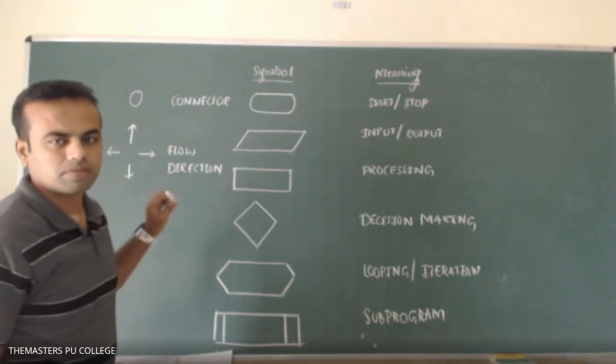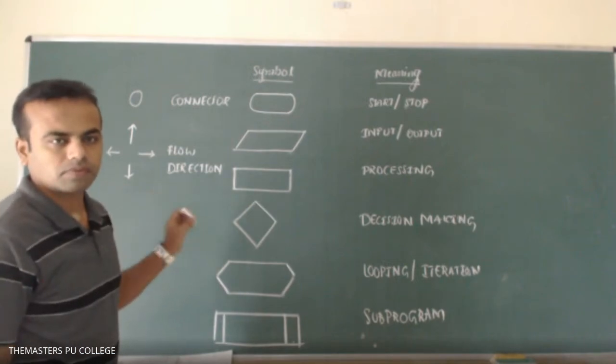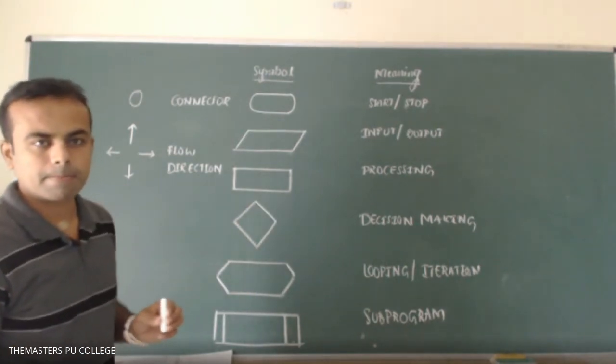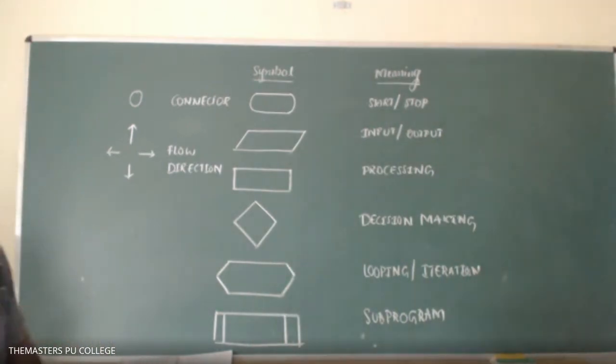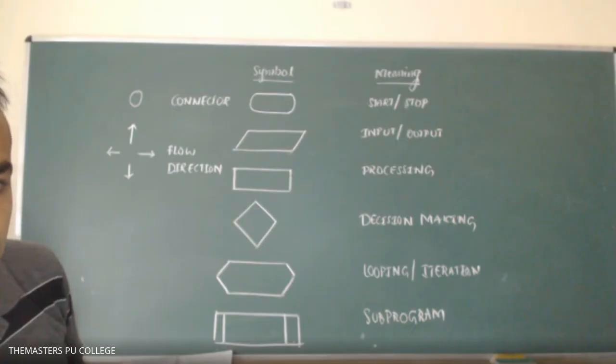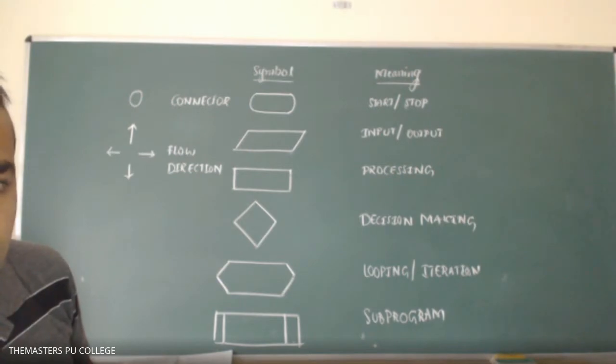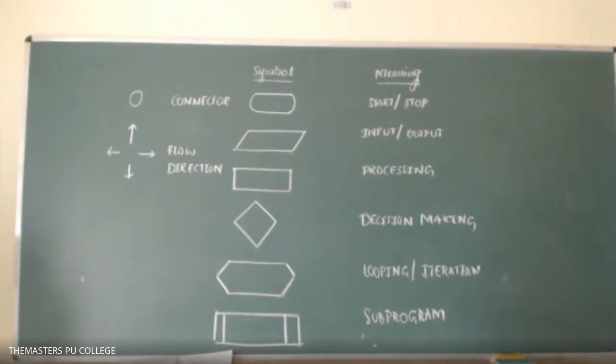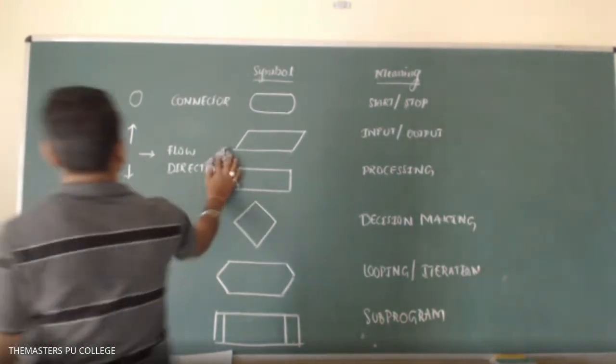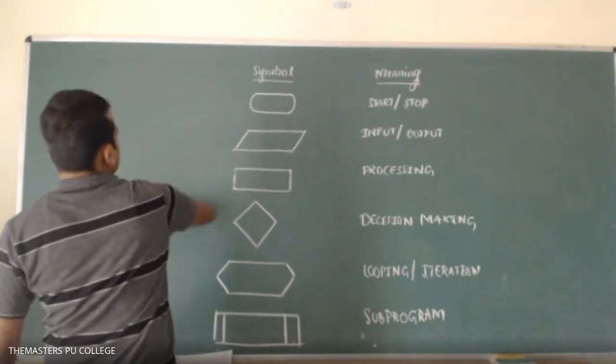Shall I write this? The area of square, sir. Right. Okay, so tell me the first algorithm.